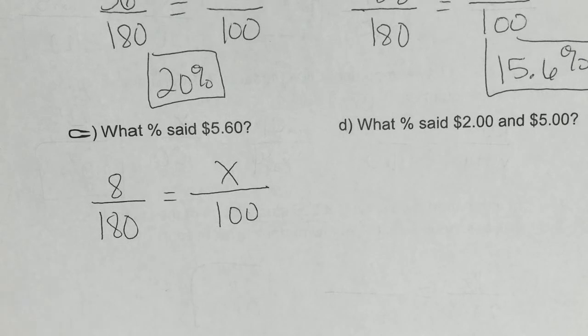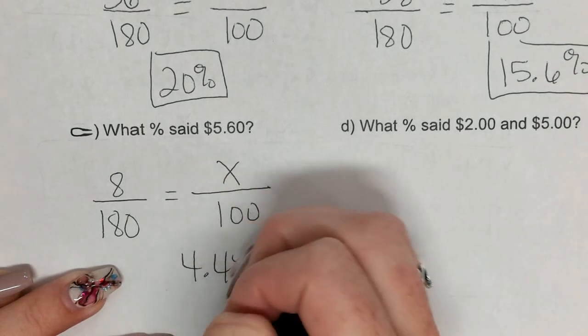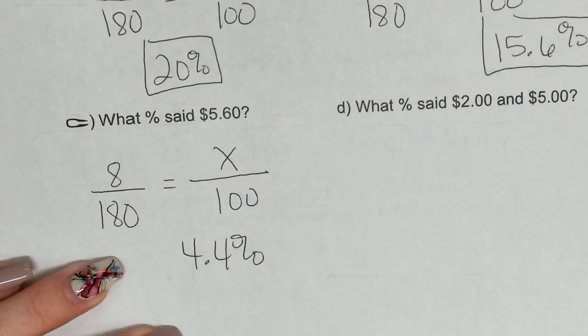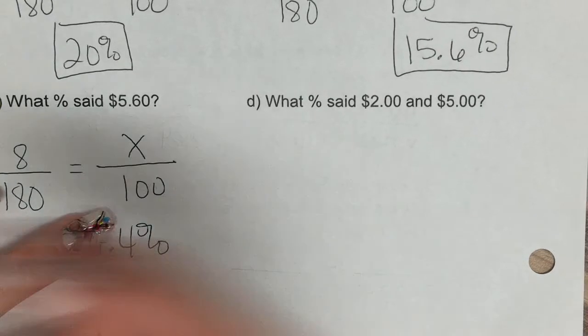Cross multiply and you get 800 divided by 180. I rounded to the tens place, so what would I have put? 4.4%. The whole number would have been 4. Okay, last one.